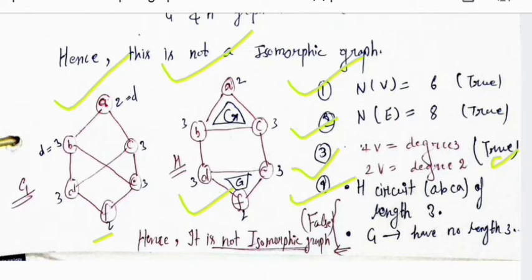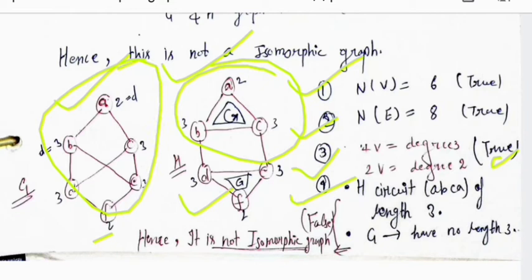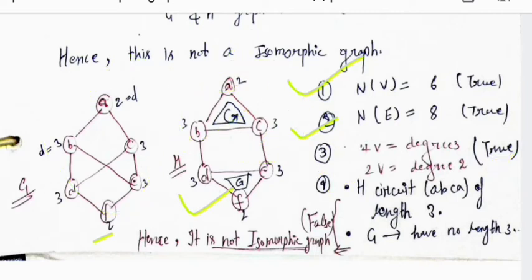When we find the cycles in graphs G and H, the lengths are not the same: H has the cycle ABCA of length 3, but G has no cycle of length 3, it contains at least length 4 cycles. So it is not an isomorphic graph.